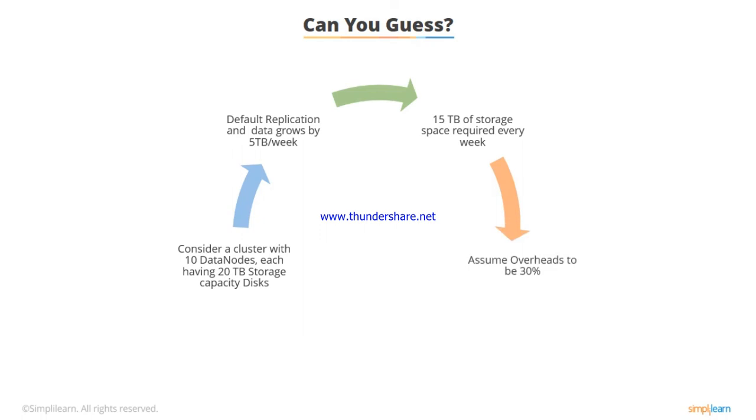This includes storage space required for the OS file system, logs, and any other data residing on disks and so on. When do you think storage would get exhausted and you would need to add more data nodes to the cluster? Answer: you will have to add more data nodes approximately in or before the 9th week. By then, the storage space in the data nodes would have already been exhausted.